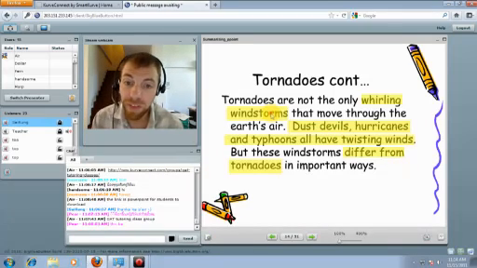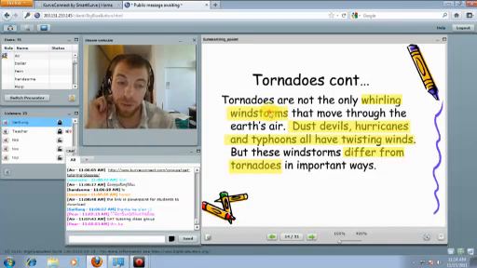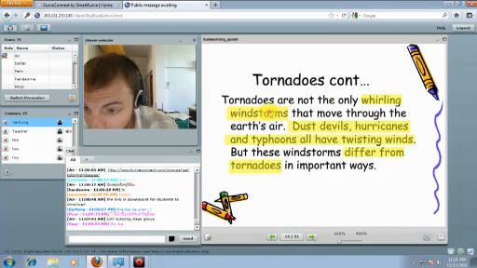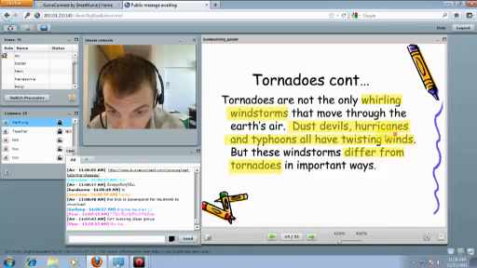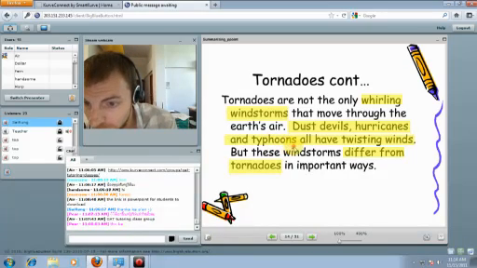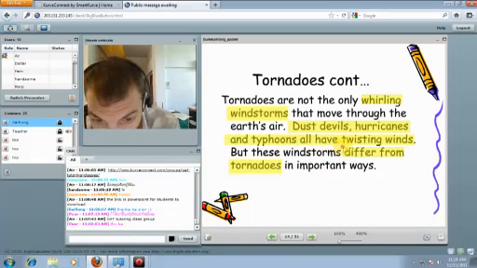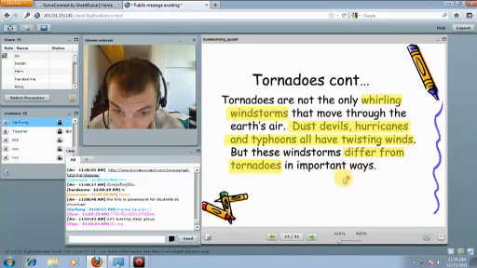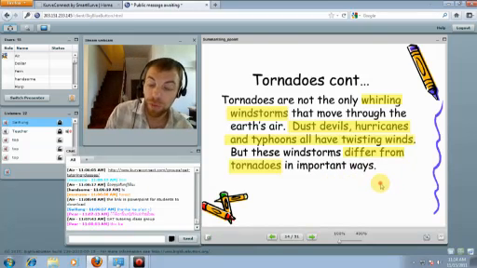So this sentence lets us know that we're going to learn about other kinds of storms, not only tornadoes. Dust devils, hurricanes, and typhoons all have twisting winds. But these windstorms differ from tornadoes in important ways.